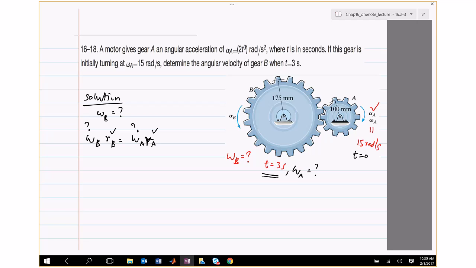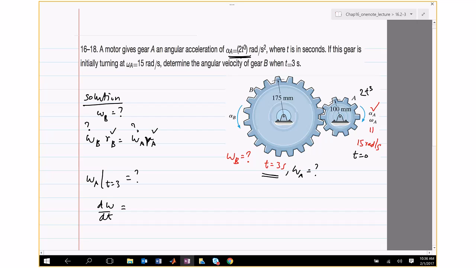So the question is, can I find the angular speed at t equals 3 seconds? That's what I'm after. How will I do that? You can integrate. You know the acceleration of A, it's 2t cube right here. So we can integrate that to get angular velocity of A, and once we get that, we can then use it to find the angular velocity at 3 seconds. So d omega dt.